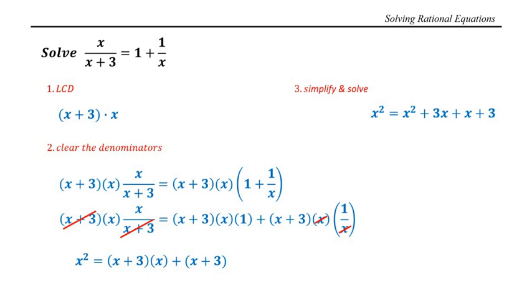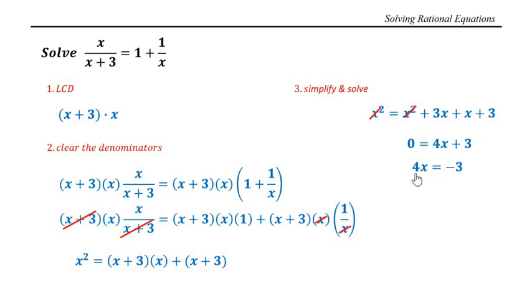Now we can combine some terms. If we subtract x squared from both sides, that would end up canceling. Then we'd be left with 0 is equal to 3x plus x, which is 4x, plus 3. Now if we subtract the 3 and move it over to the left side, we would get 4x is equal to negative 3. All we did was flip sides here.